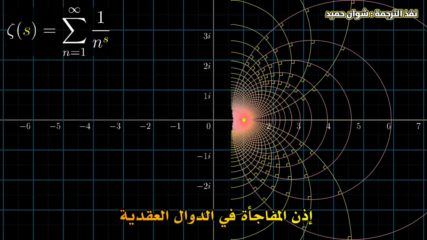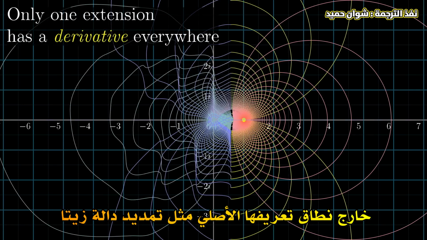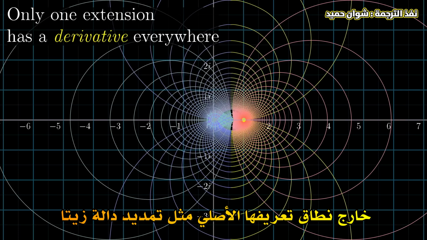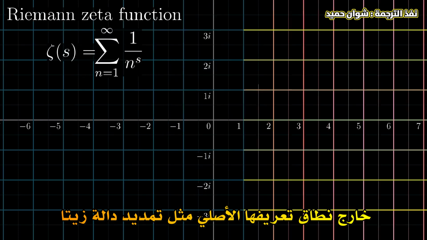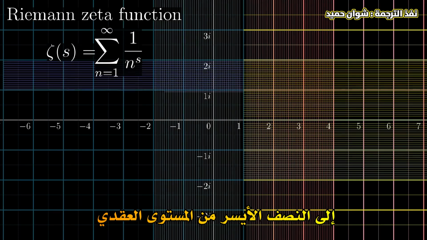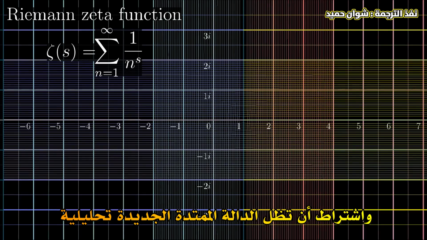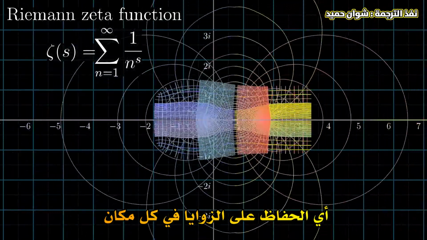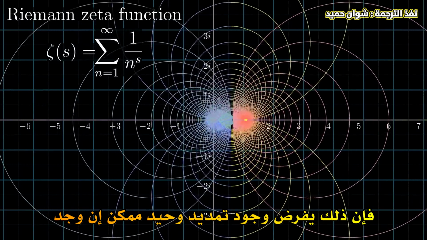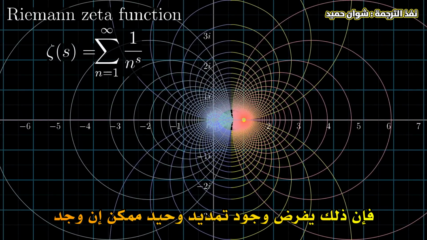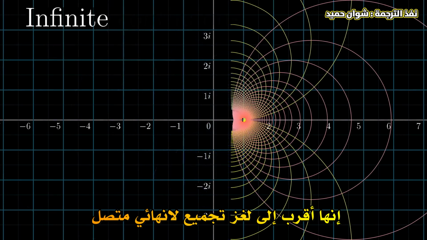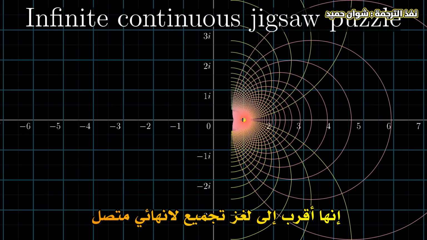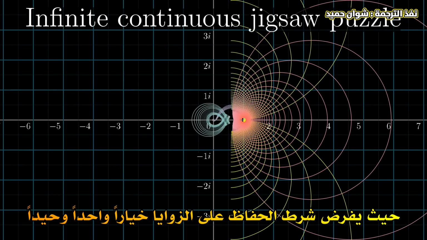So the surprising fact about complex functions is that if you want to extend an analytic function beyond the domain where it was originally defined, for example, extending this zeta function into the left half of the plane, then if you require that the new extended function still be analytic, that is, that it still preserves angles everywhere, it forces you into only one possible extension, if one exists at all. It's kind of like an infinite continuous jigsaw puzzle, where this requirement of preserving angles locks you into one and only one choice for how to extend it.